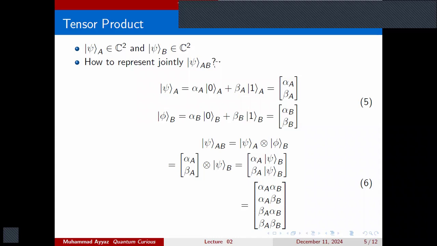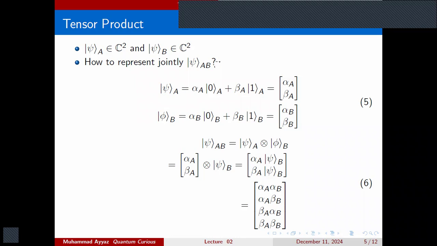This could be done by the tensor product formalism. It can be defined by a simple example. So we have a psi A vector, which is a superposed state of 0 and 1 with complex amplitudes alpha A and beta A, and we could write it in the column vector form.